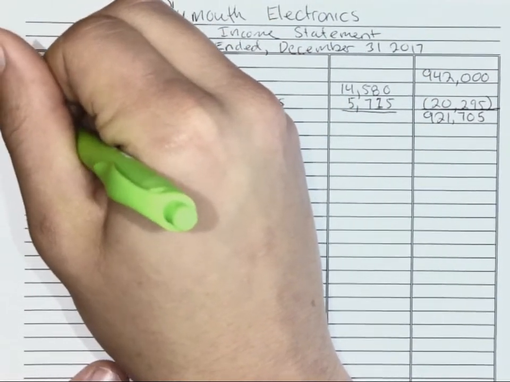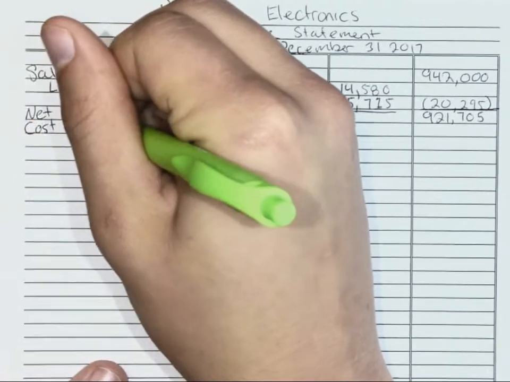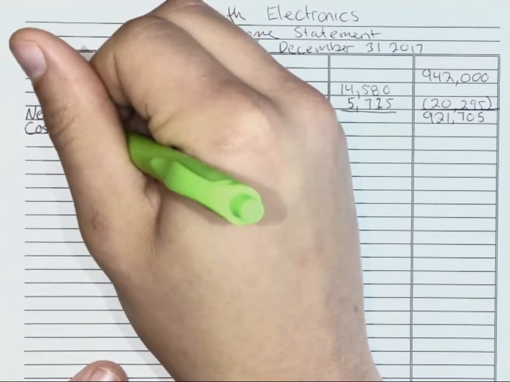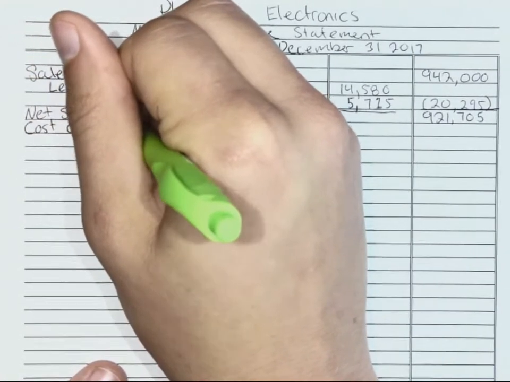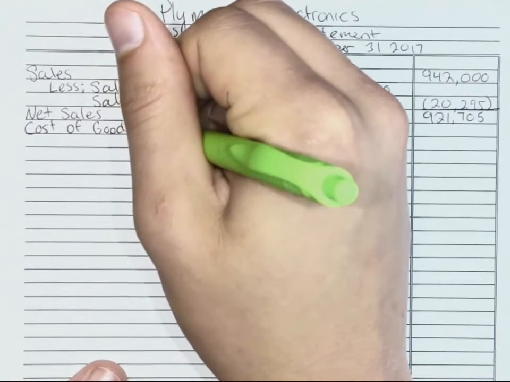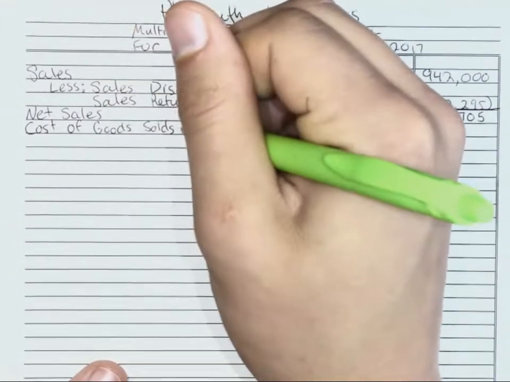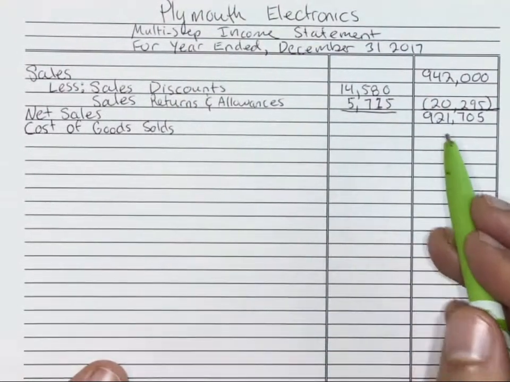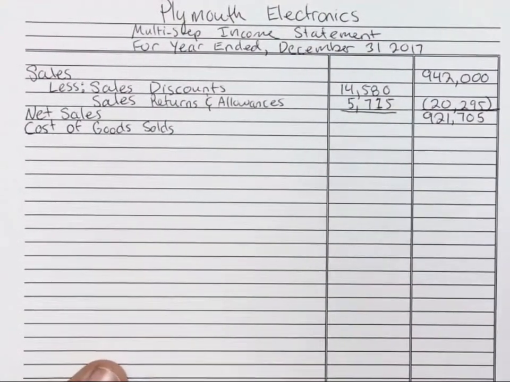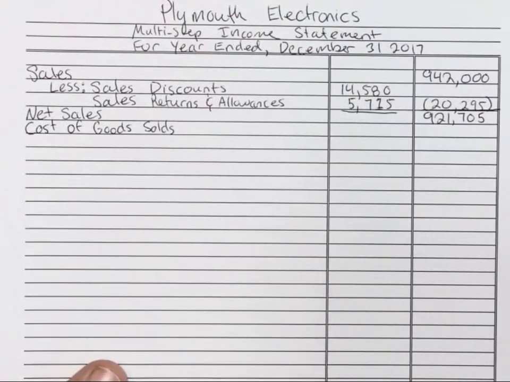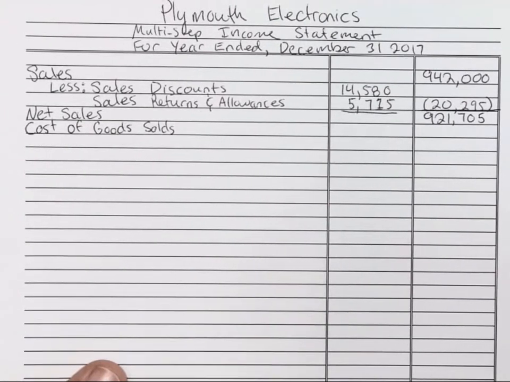Why are we taking our cost of goods sold immediately? Yeah, what we want to see is what's called our gross profit or contribution margin. So we can see what's left over after we sell. We want to see how much money we make from our inventory, and then we can take a look at our other expenses.